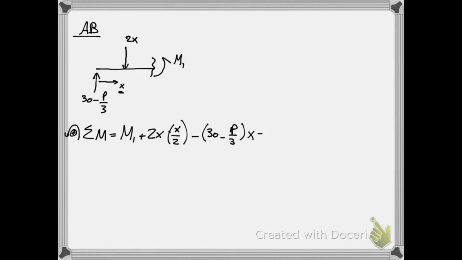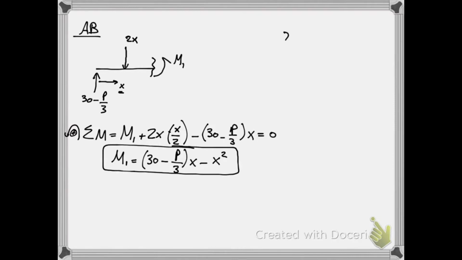So, and this should be equal to 0, so if you solve for M1, it's gonna come out to be 30 minus P over 3 times x minus x squared. So here's your M1.